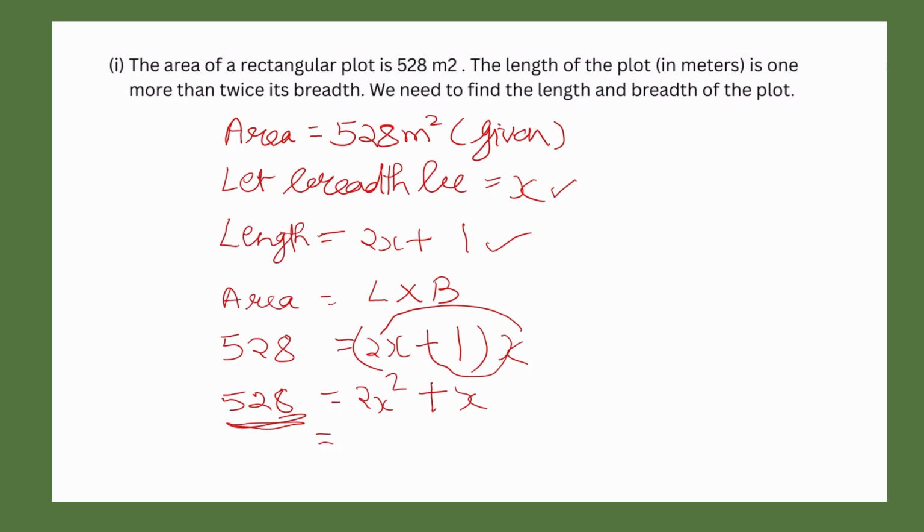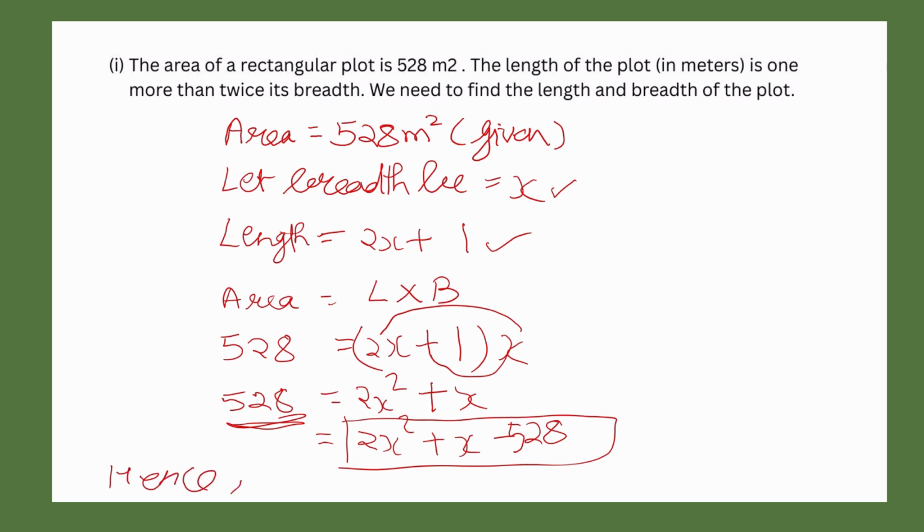So our equation will become like this: 2x square plus x minus 528. So this will be our answer. So how we will write? We will write that hence, it is the required equation.